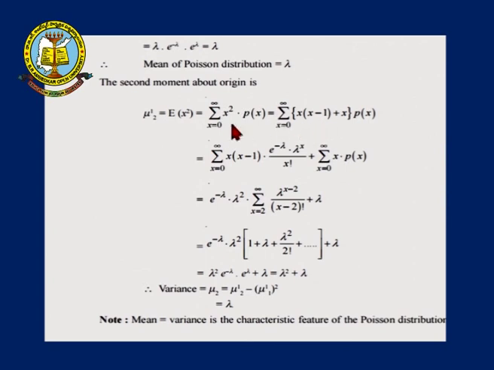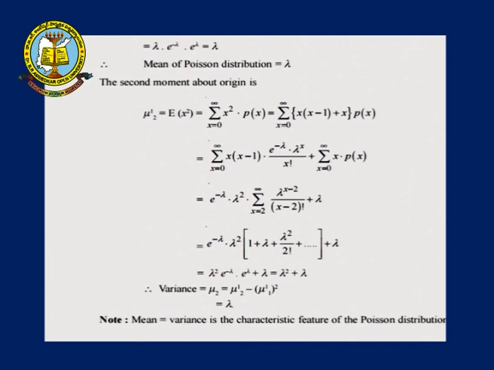Expanding this, we get two terms: summing over X of X minus 1 into e to the power of minus lambda, lambda power X by X factorial, plus summing over X equal to 0 to infinity X into P of X. This second term we already got, that is the mean of the Poisson distribution, lambda. Again we have to simplify these terms.